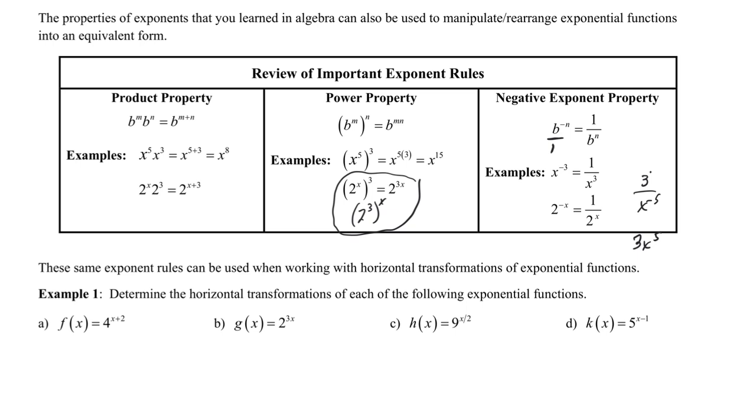Okay, so let's go ahead and look at example 1. They want us to determine the horizontal transformations of each of these. Remember, horizontal transformations are the things that are inside the parentheses with the x. And you might be looking at me going, well, there are no parentheses. Well, that's where math gets you, because we have a lot of hidden parentheses out there.